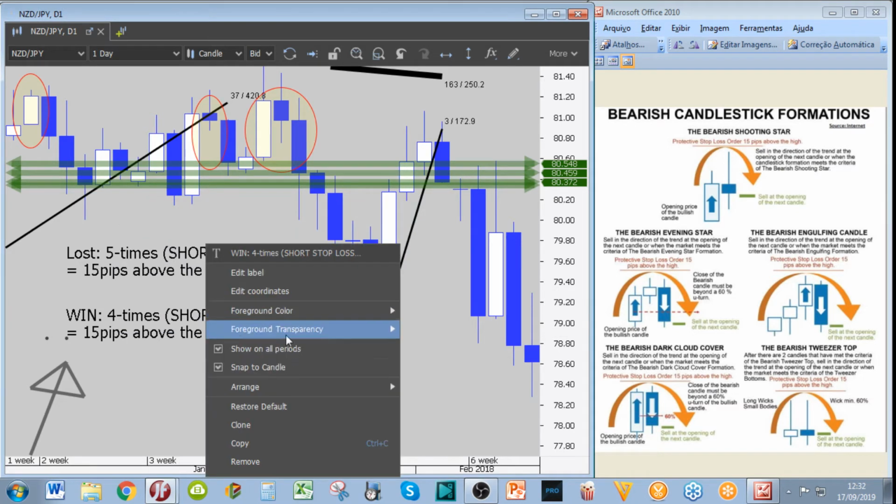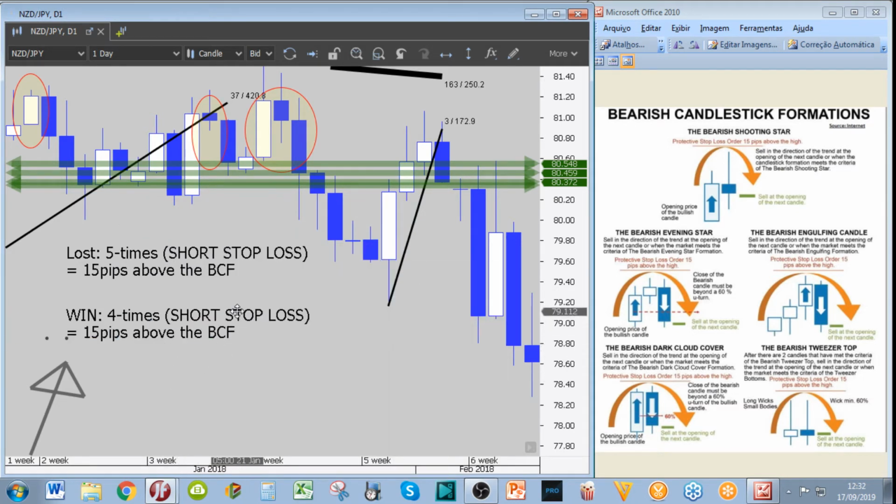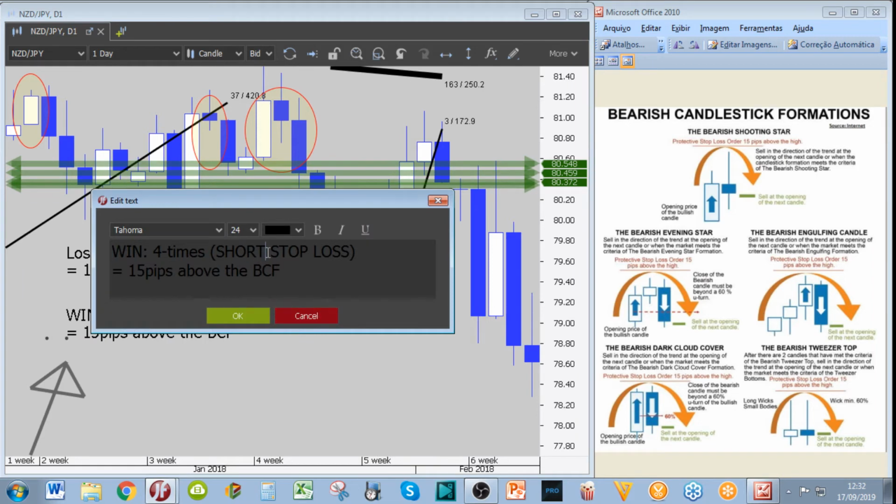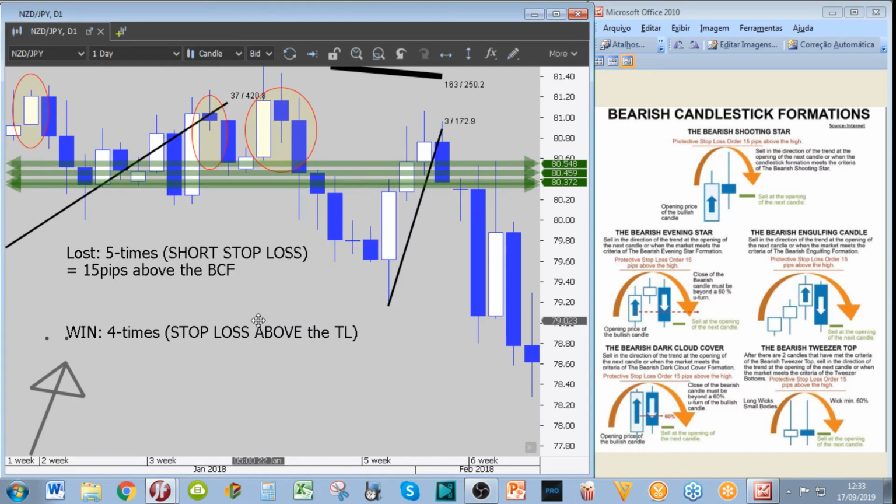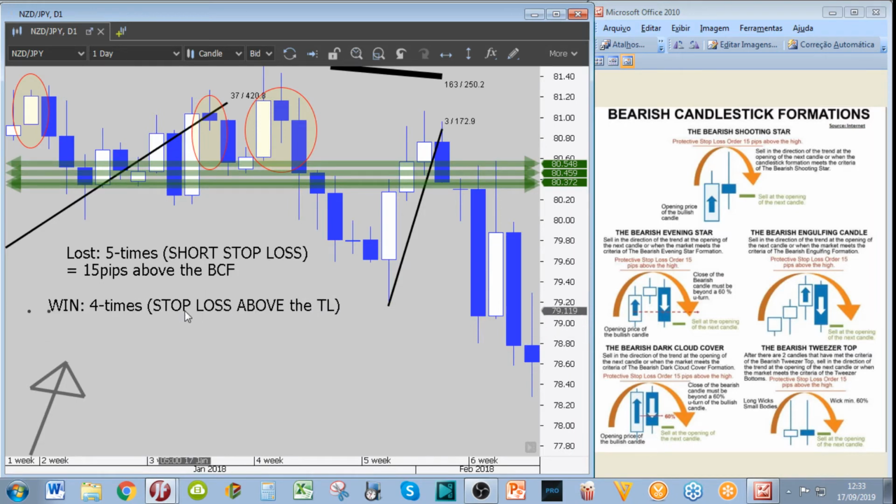Short stop loss, no, we need to edit. It's the stop loss, and again stop loss above the downtrend line. We lost 5 times. Now we are winning so far, right? So far we are winning with the 4 trades.